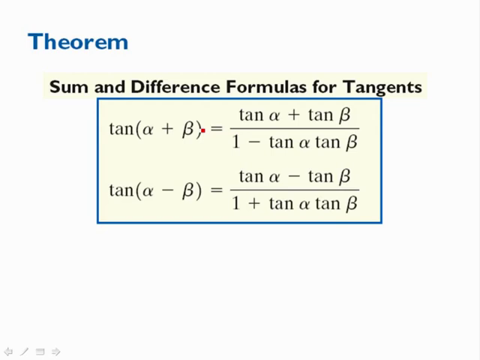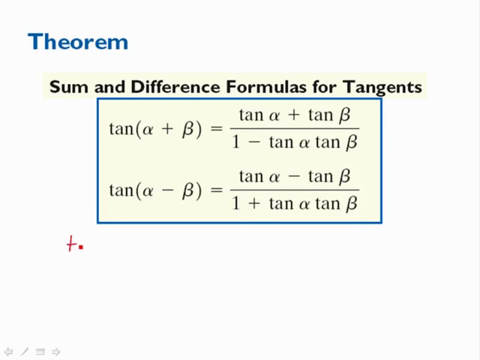That's done for you in the book. Right, what we have going on here is when we're adding the angles, the numerator is adding the terms and the denominator is subtracting. Whereas here, if we're subtracting, the numerator subtracts and the denominator adds.